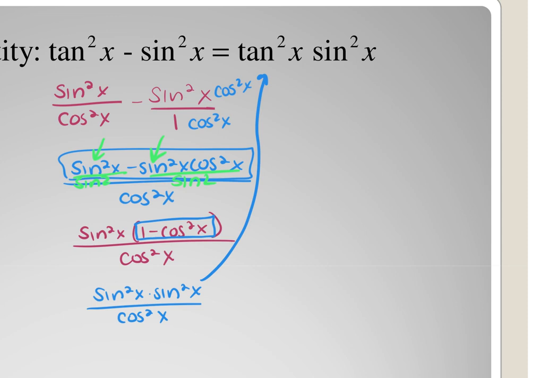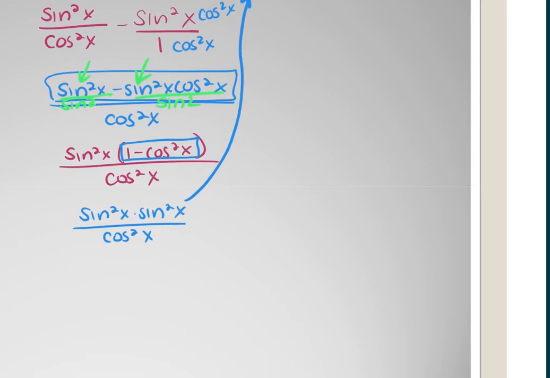All right, so if I have a product in the numerator, and it's not a sum or difference, can I break this apart? Can I separate a fraction like that? Can I say that that is sine squared times sine squared over cosine squared? Yes, I can't do that with a sum or difference, but I can do it with a product. And what is sine squared over cosine squared? Tangent. So I could have done it that way or I could have gone the other way. It doesn't matter which one.